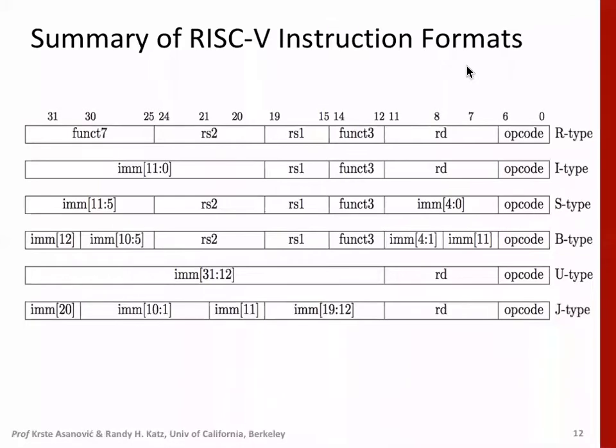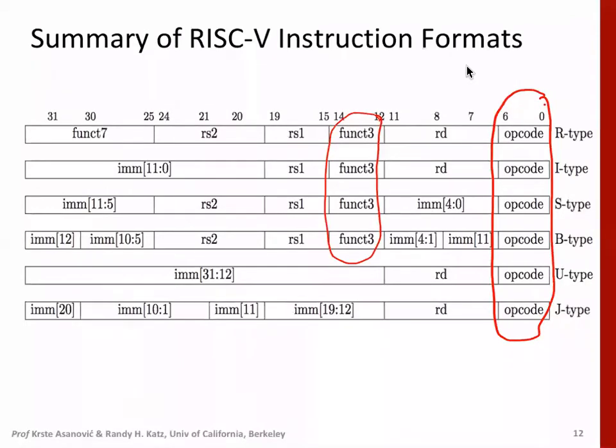All right, so these are the 6 types of instruction formats. Look at the similarity that they have. The opcode field is between bit 0 and bit 6, so basically 7 bits are used for the opcode field. If there is a function 3 field, essentially 3 bits, they are here.